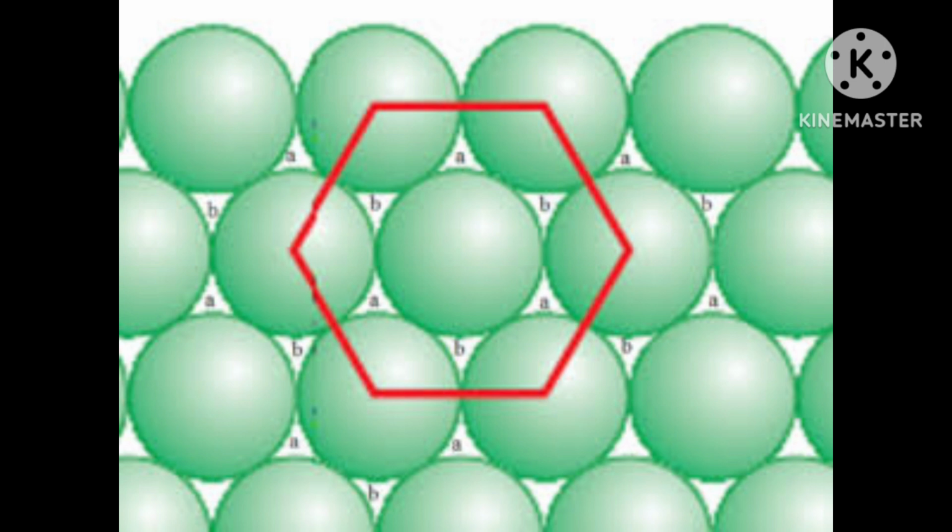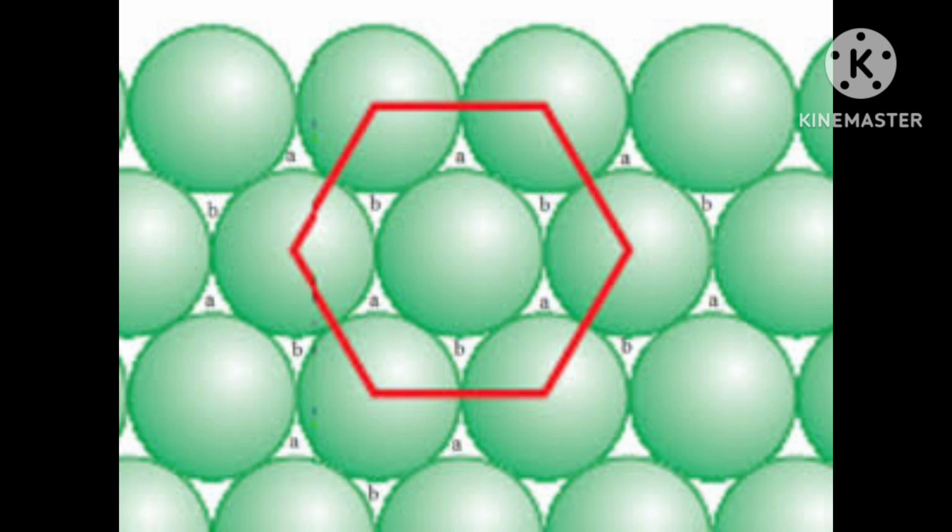Close packed structure I have discussed. Under that I have discussed close packing in one dimension and close packing in two dimensions, and third, close packing in the third dimension.